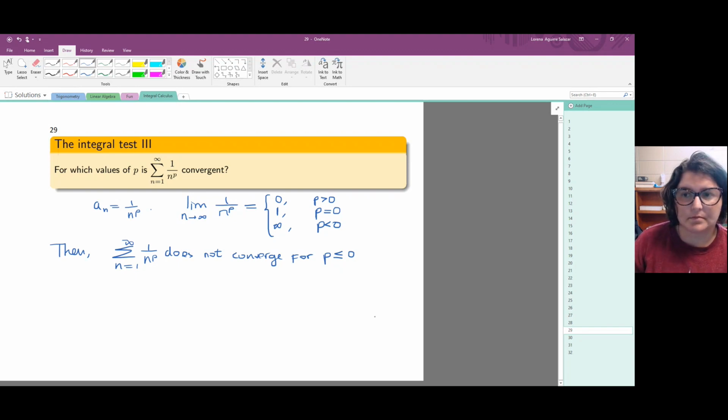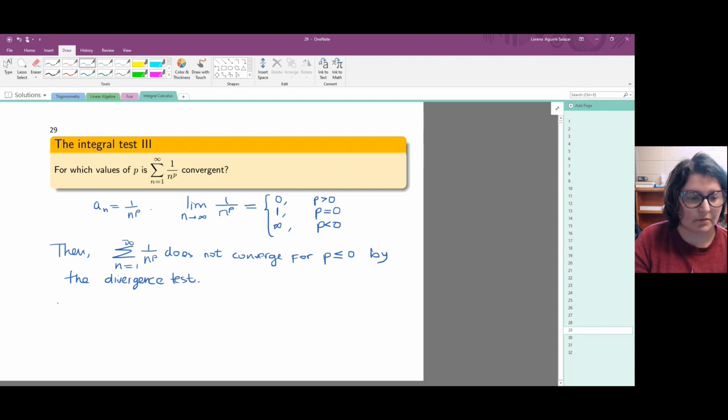When the addends we're taking are not going to 0 as n goes to infinity, then we can definitely say that the series is not going to converge. That test is also called the divergence test.